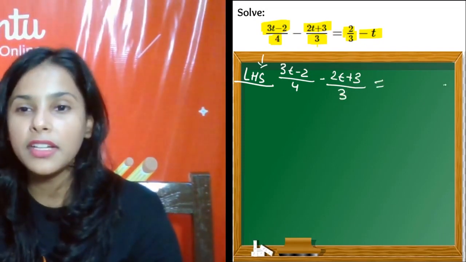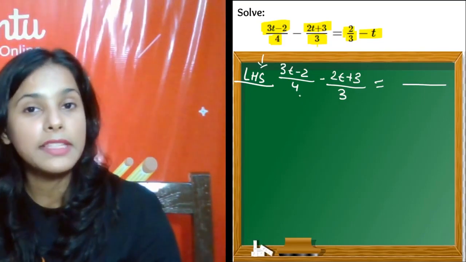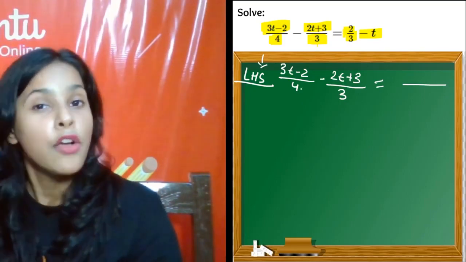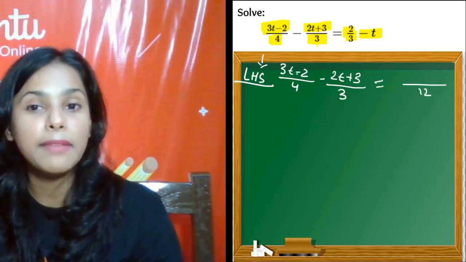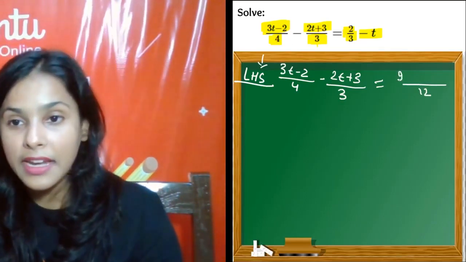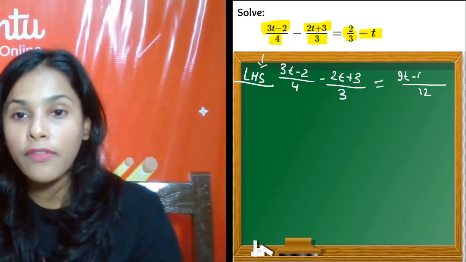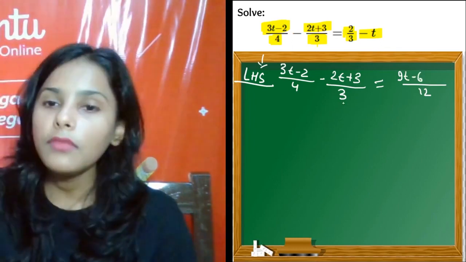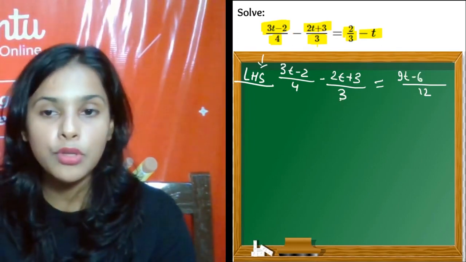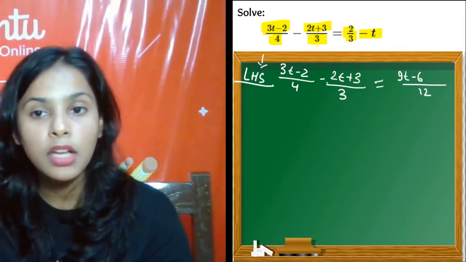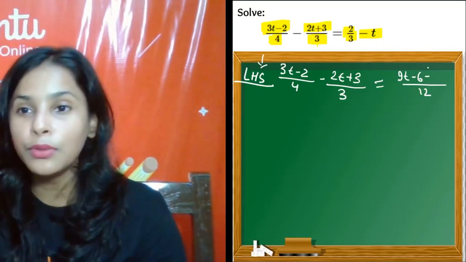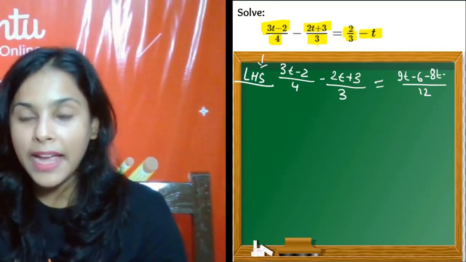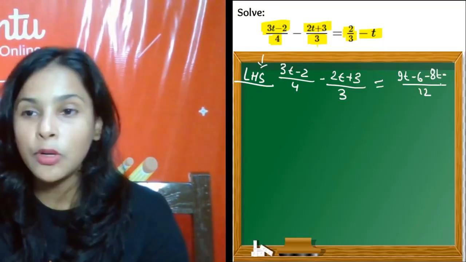To make the denominator same we have to take the LCM. The LCM of 4 and 3 is 12. Now 3 into (3t minus 2) gives 9t minus 6. Now that the LCM is 12, we multiply the whole term by 4, so minus 4 into 2t is minus 8t, and minus 4 into 3 is minus 12.